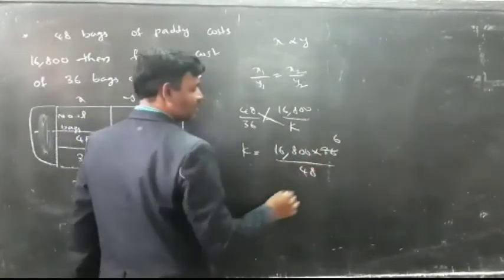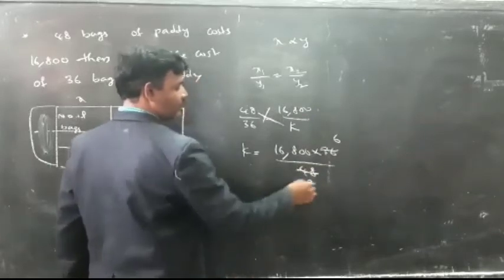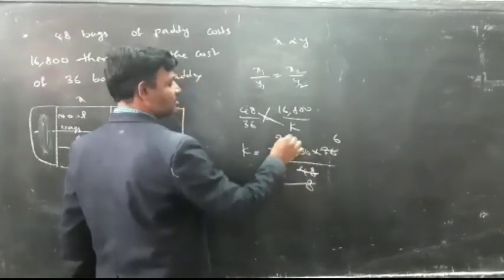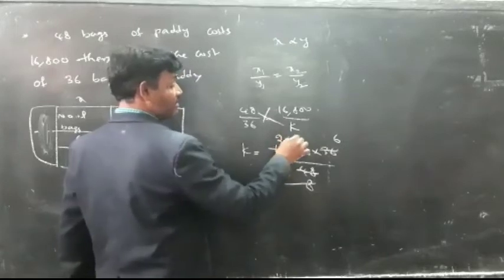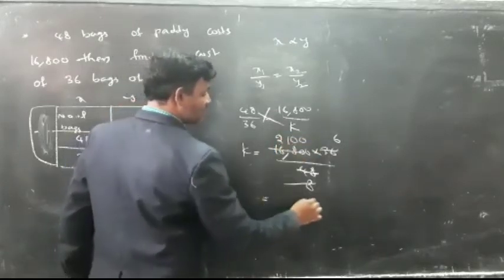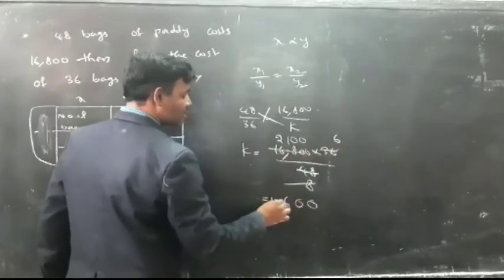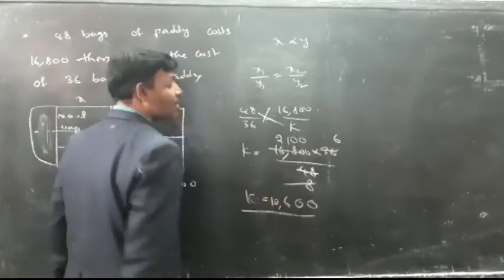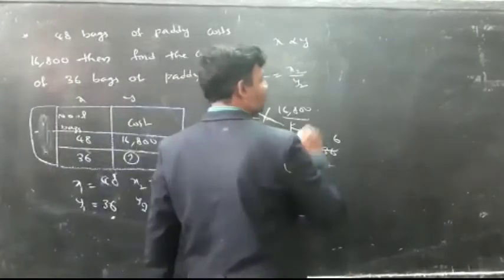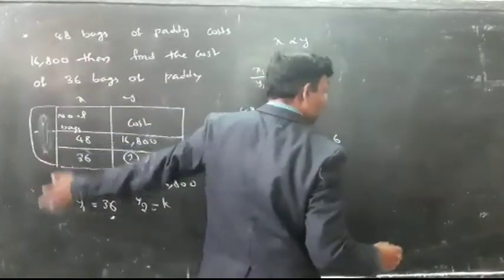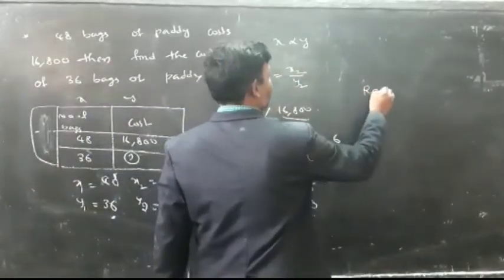6 sixes are 36, 6 eights are 48. Dividing through, we get k is equal to 12,600. The cost of 36 bags is 12,600.